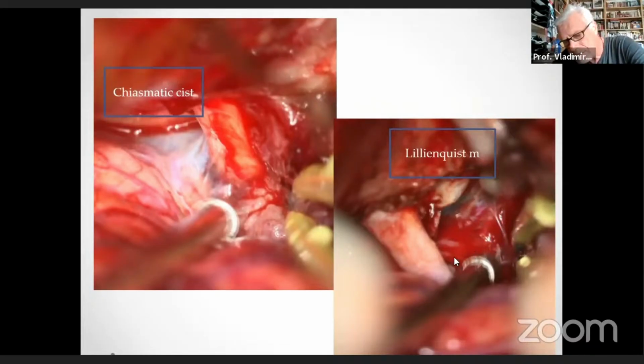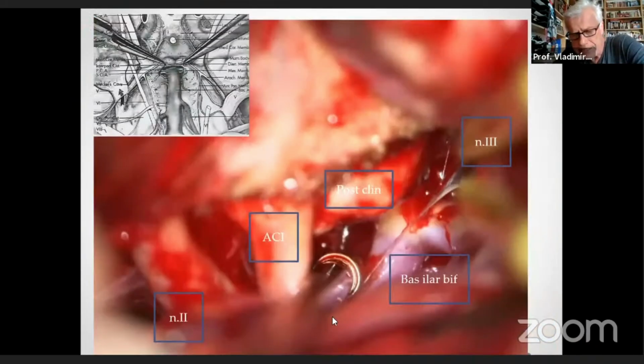Here you see the uncus and anterior choroidal artery, which are still covered by some arachnoid, but since they were within the tumor, they are nearly dissected. And this is at the end. At the end, I dissect the arachnoid rather frequently just to clean the cistern. So here is the optic nerve, carotid, basilar bifurcation, posterior clinoid, anterior clinoid, and the third nerve.